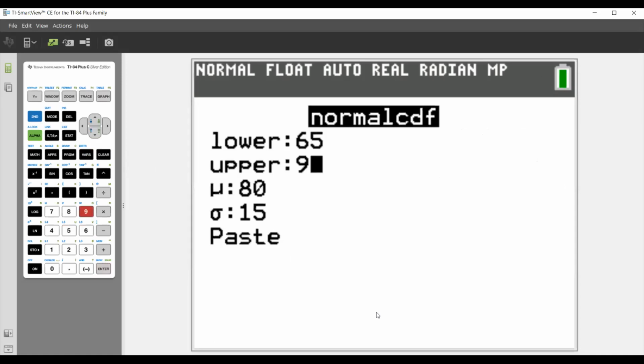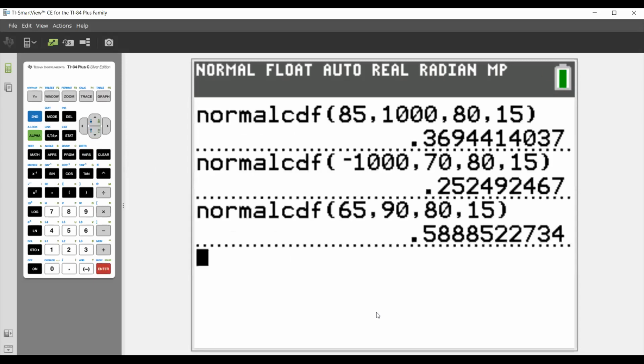The upper point is 90. Scroll down, hit enter. 0.5889. So about 58.89% of the people over the long term would score between 65 and 90 on this test, a little over half, right?